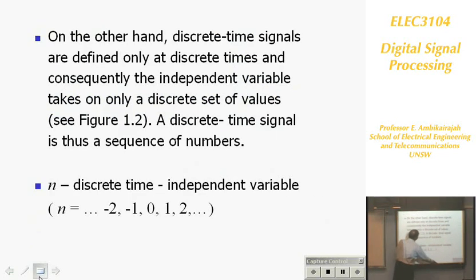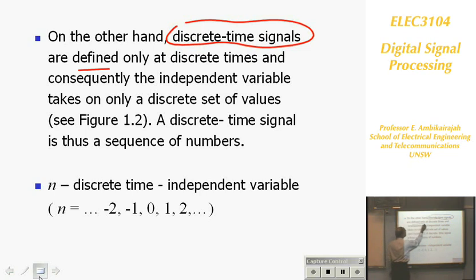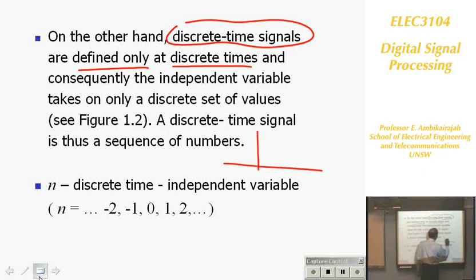On the other hand, if you look at discrete time signal, that's what we need to know. So what is a discrete time signal? They're defined only at discrete times. So for example, if I have a discrete signal, I could say I have got a value there, value there, value there, value there. These are discrete values.